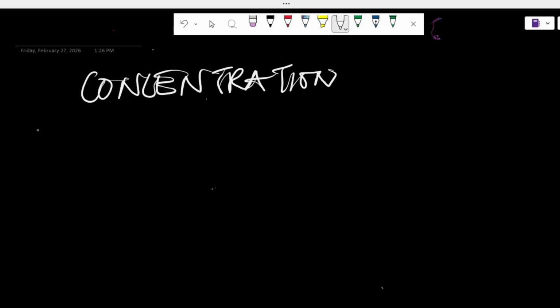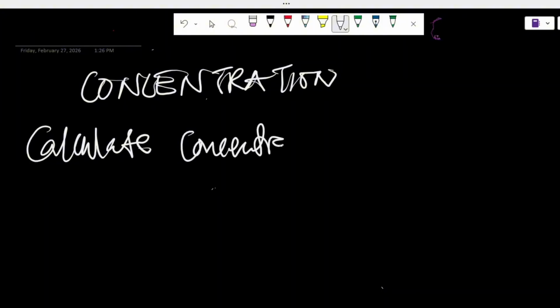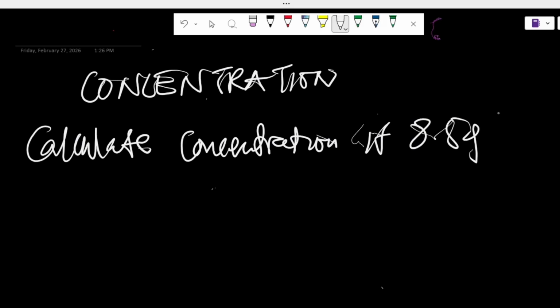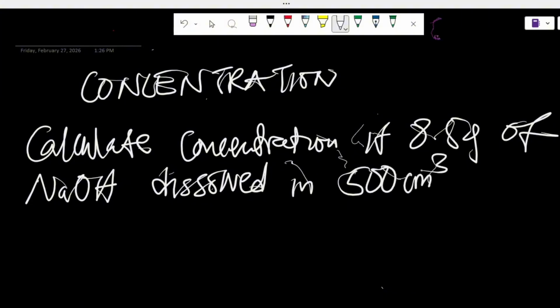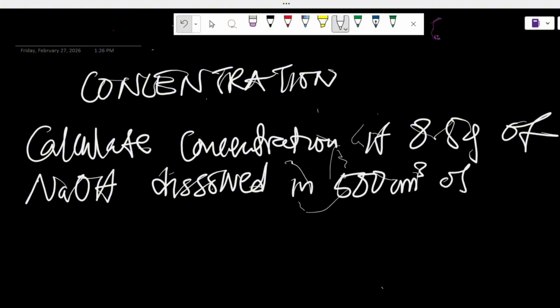So let's say calculate the concentration if 8.5 grams of, let's say, sodium hydroxide is dissolved in 500 cubic centimeters of water.